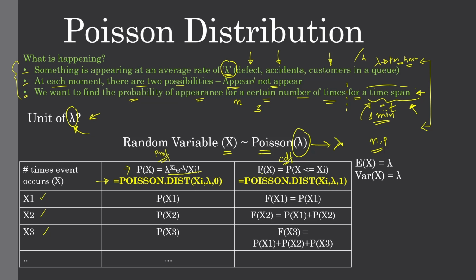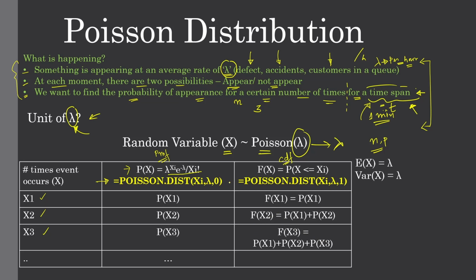And for CDF, either use the fundamental principle of adding these PMFs, like for example, Fx1 is equal to Px1, and then Fx2 is equal to Px1 plus Px2, Fx3 is equal to Px1, Px2, Px3, like this way.